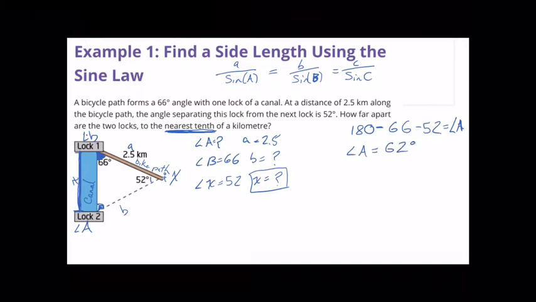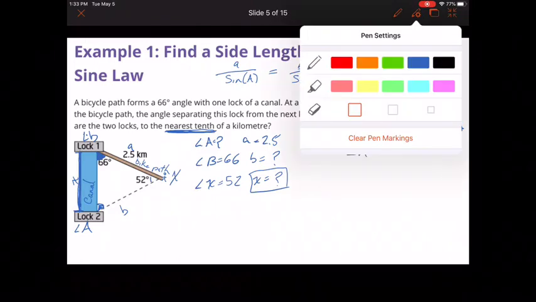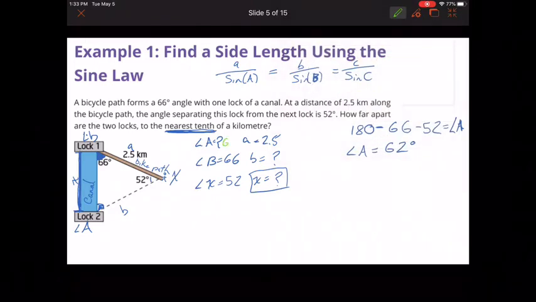So now I have one side and one angle together. So I know what the ratio is going to be, and I know I can use the sine law now.